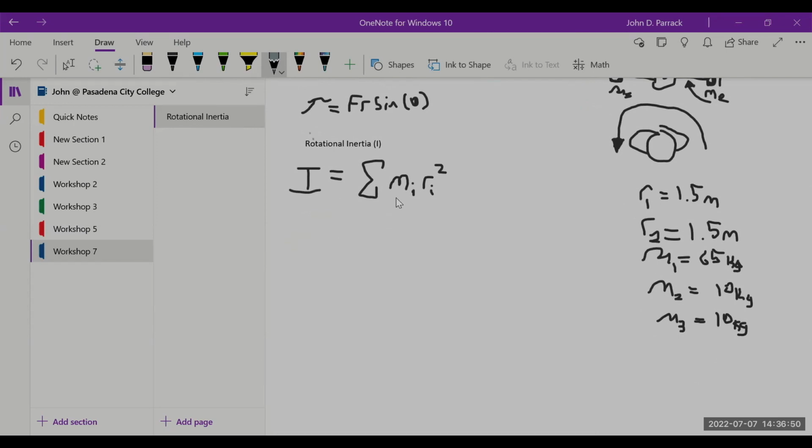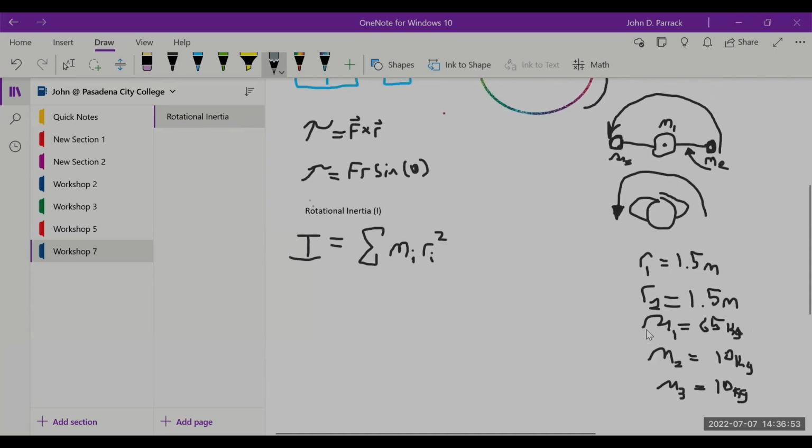So let's do that. There is no R associated with the central mass, so that is just going to be 0. If we sum this up, we can go M1, and you know what I should do? Sorry, this is kind of tricky notation, I don't want to fool you. Where's my eraser? I called this R1 and R2, let's call it R2 and R3 so that it corresponds to the masses.